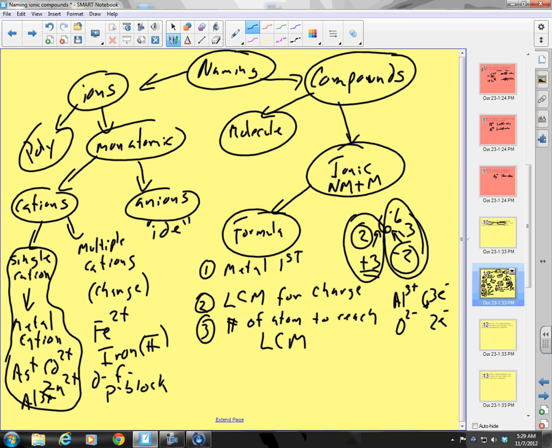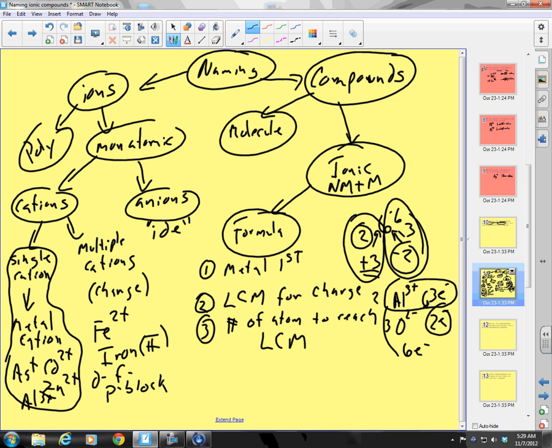So how many aluminums does it take? Well, I'm going to have two aluminums, and that will provide 6 electrons. Well, now, how many oxygens does it take to use up 6 electrons? Well, I need 2 each. 2 times what number gives me 6? 3. So I need 3 oxygens to have my charges balanced. And I guess that's really what we're after here.